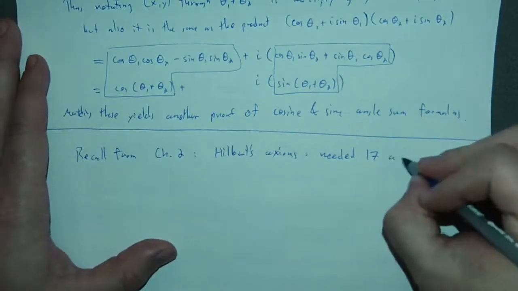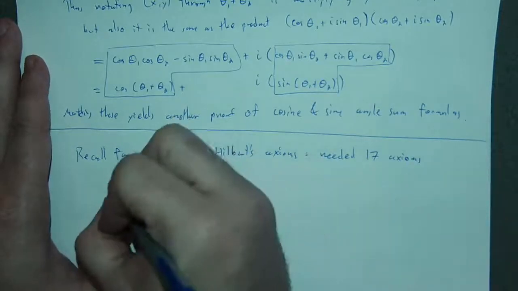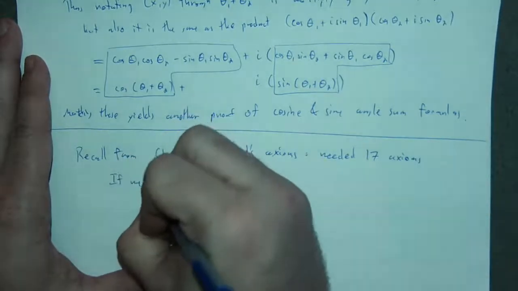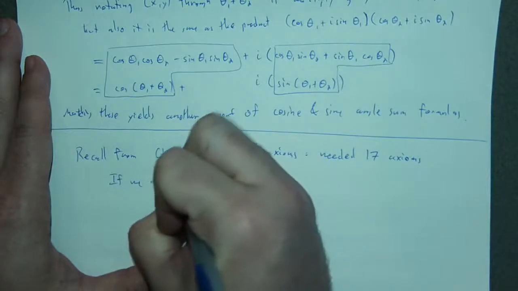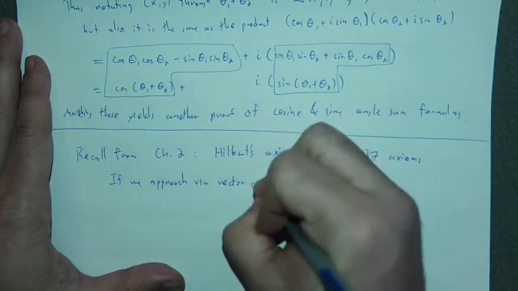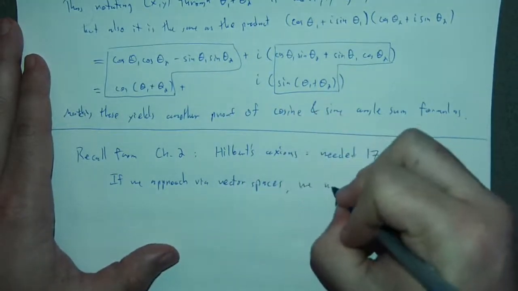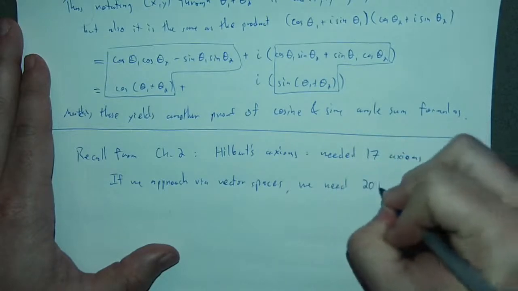So it needed 17 axioms. If we approach via vector spaces, we need 20 plus axioms.